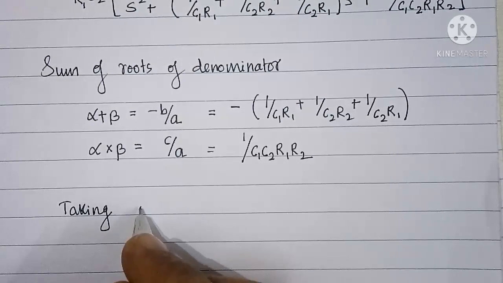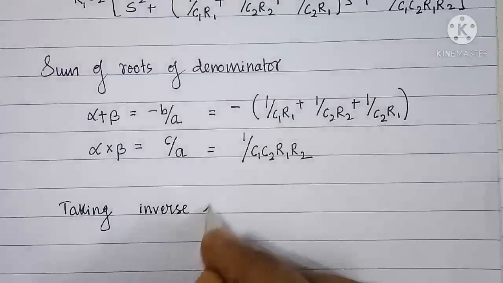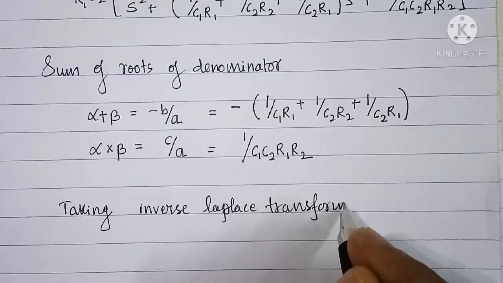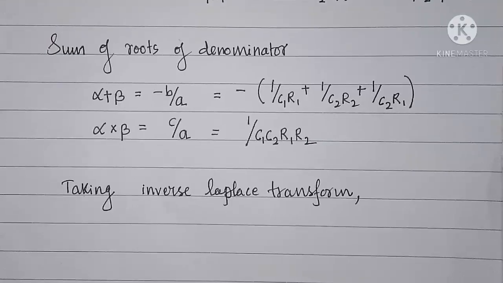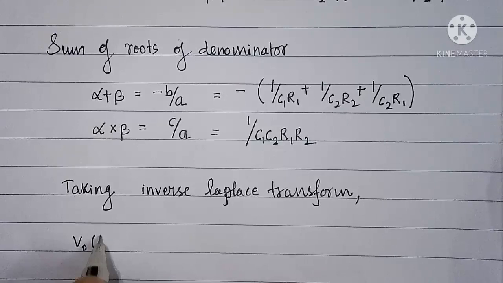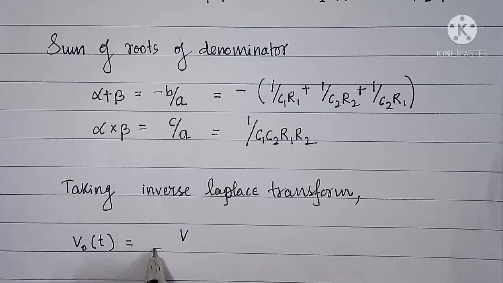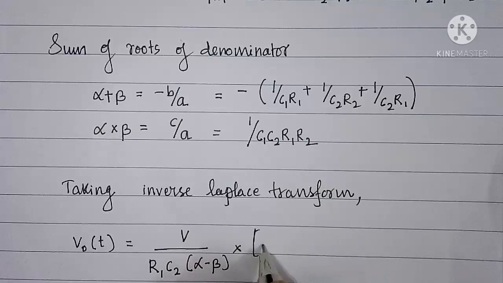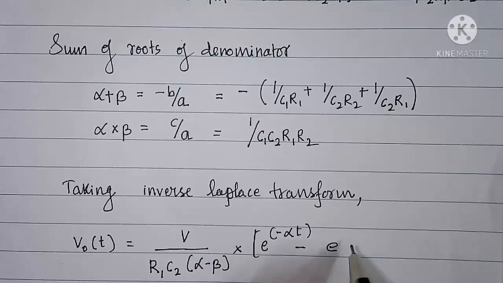Taking the inverse Laplace transform from V naught of S, we get V naught of t as V by R1 C2 into the bracket alpha minus beta into e raised to minus alpha t minus e raised to minus beta t.